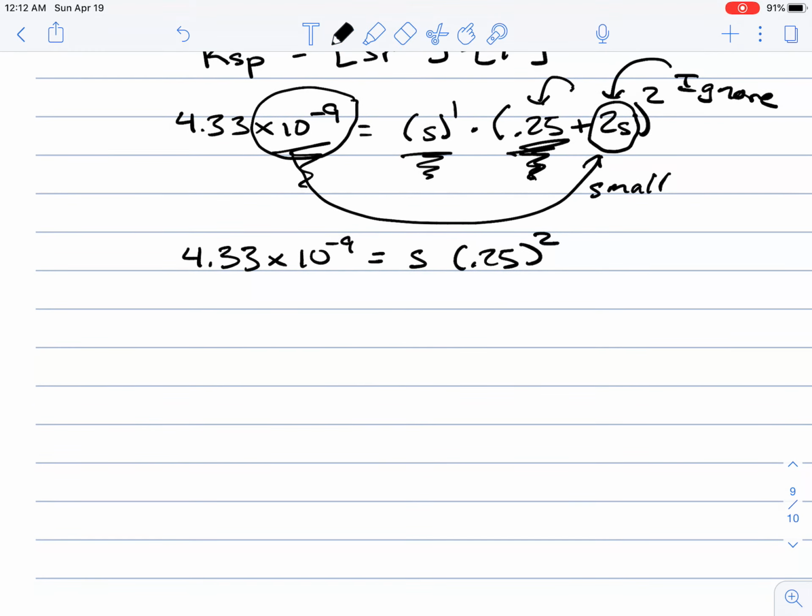All right. And so we're going to go ahead and just finish this up. So what we're going to do is square this, and then when we square this, we are going to divide it to the other side. So 0.25 squared is going to be 6.25 times 10 to the negative 2.